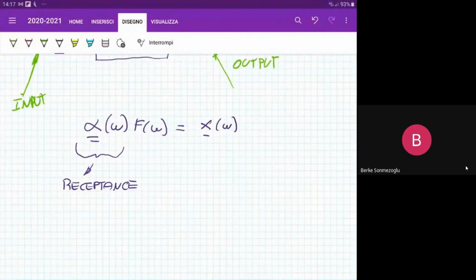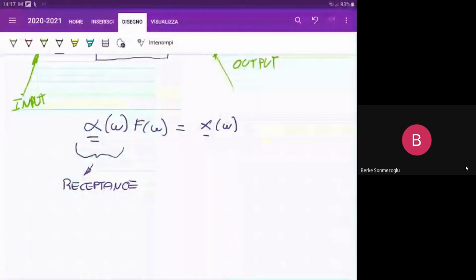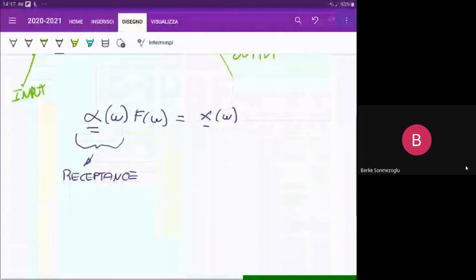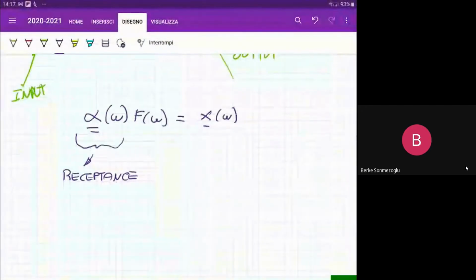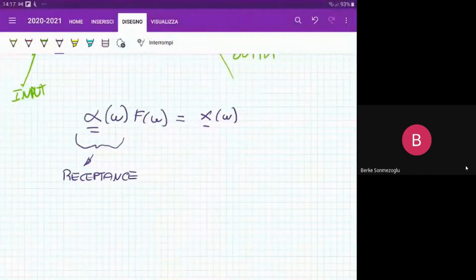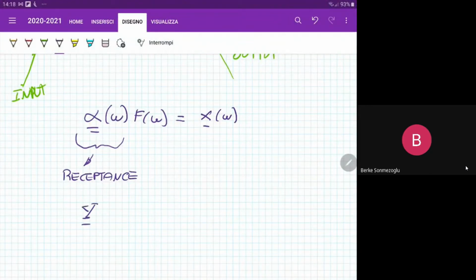We can also link the output velocity with the input force. In this case, we refer to the system transfer function as the mobility function. Okay, in general, it is written as Y of omega times your forcing term equal to, let me call it x dot.